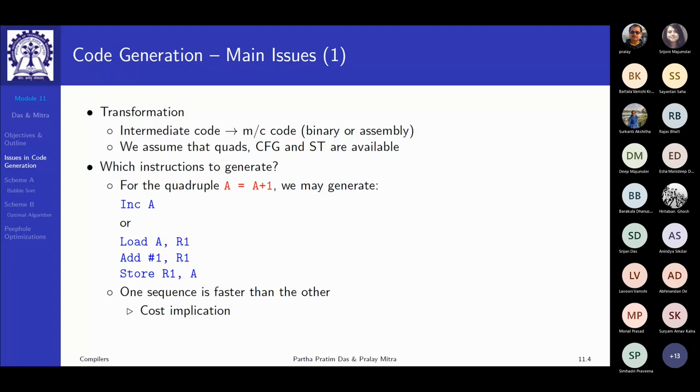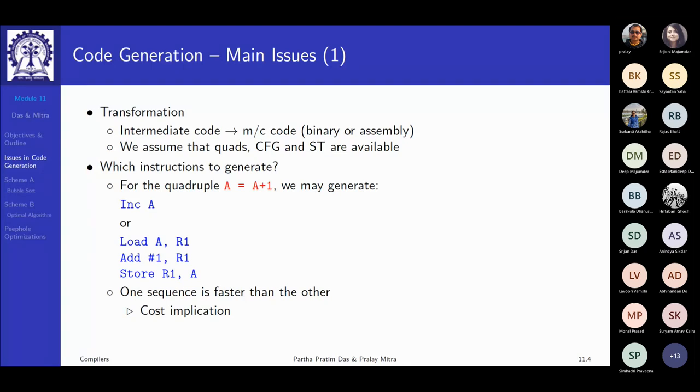A simple example here is, if I have a quad A assigned A plus 1, then if my processor supports an increment instruction, this could simply be coded as increment A. Or it could be translated as a normal binary addition, where I load A into a register R1, add 1 to R1, and store R1 back to A.